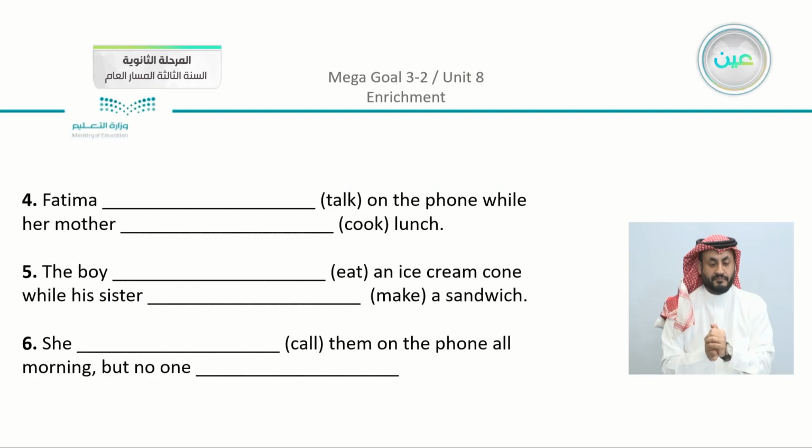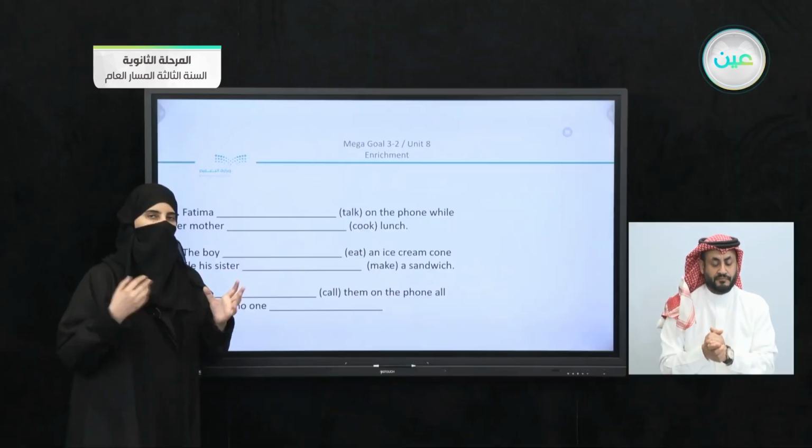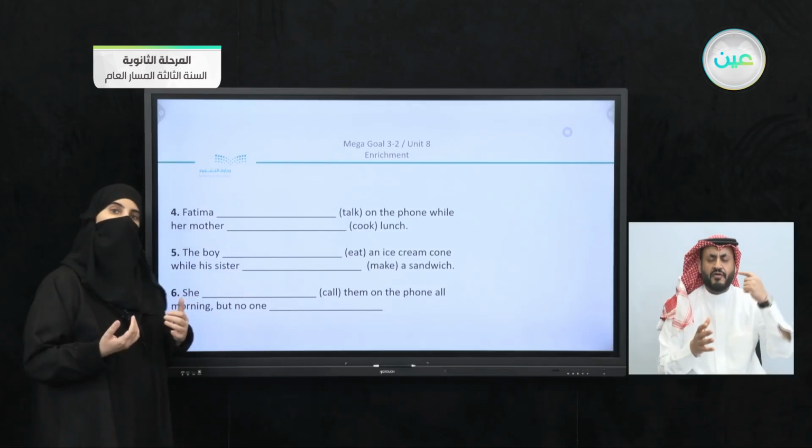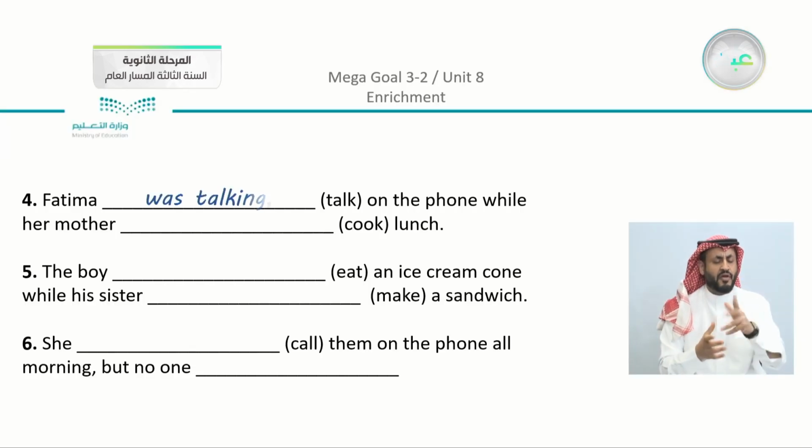Moving on to the second part of our exercise, we have number 4: Fatima blank talk on the phone while her mother blank cook lunch. Fatima, what was she doing? She was talking on the phone while her mother, now we have the word while. Imagine the situation again: while her mother was cooking lunch.